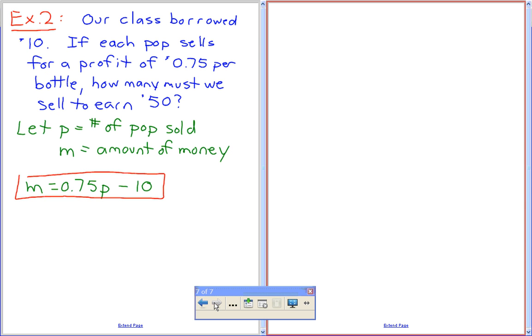The $50 is going to be an M then, right? Because that's going in. So we're just going to say M equals 50. And then we'll say 50 equals 0.75P minus 10.